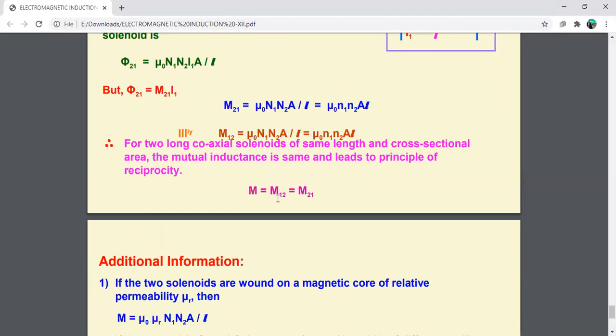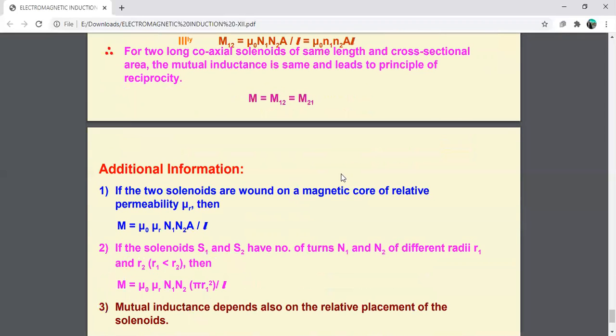There are two cases: one is in the primary coil due to the secondary coil, and the second one is in the secondary coil due to the primary coil. So this mutual induction will be equal.